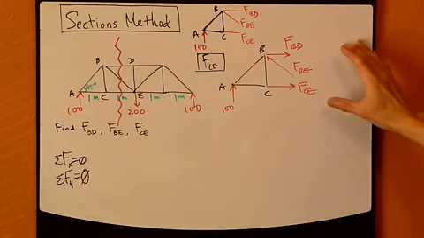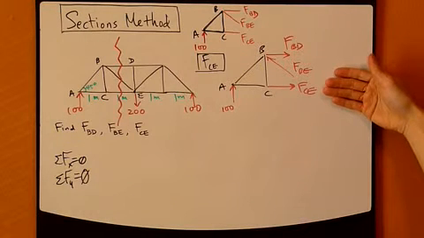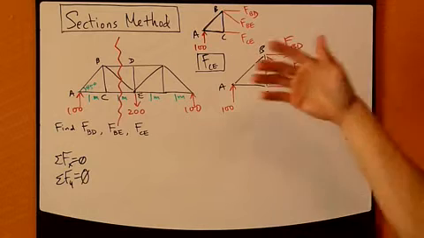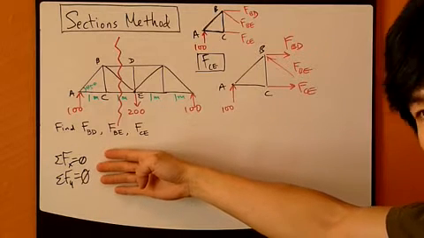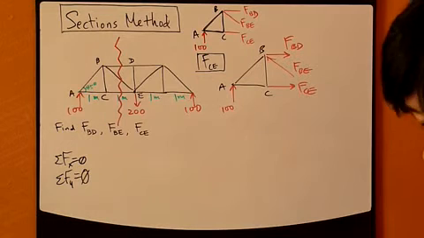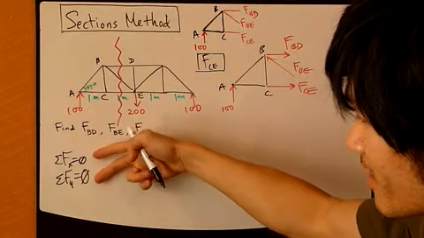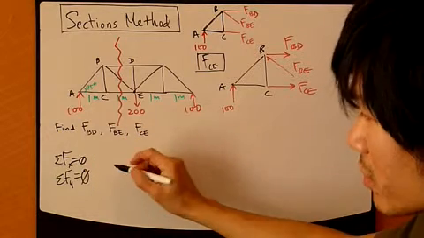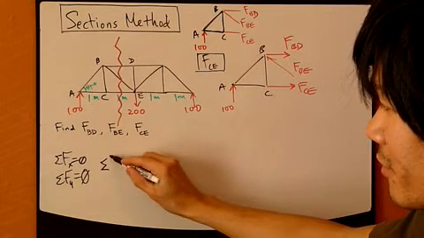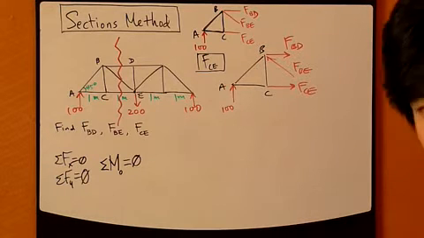But here, what's going on? We have 3 unknowns. Well, the answer is we don't use these 2 equations at all. We don't have to. Instead, recall equilibrium conditions for rigid bodies. Other than satisfying these 2 equations, we also have to satisfy the sum of moment equation.